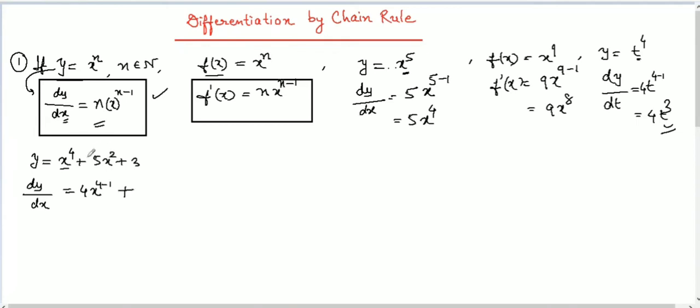Then plus, differentiate this one: 2 will come in front, so write 5, and 2 comes in front of this, so 2 will be here and x to the power 2 minus 1. The differentiation of a constant number will be 0. Here it will be 4x to the power 3 plus 5 multiplied by 2, 10, x to the power 1, and this one will be 0. So the final answer will be 4x cube plus 10x. No need to write the power 1.